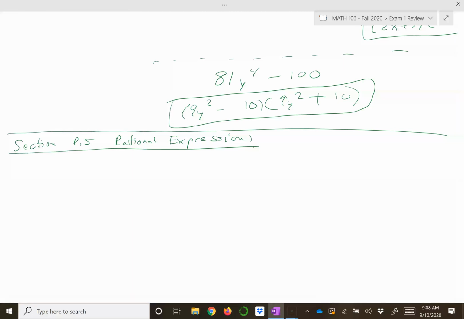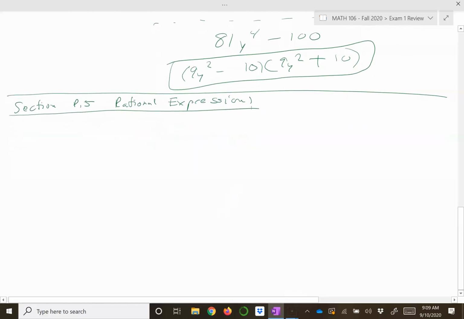was reducing rational expressions to lowest terms. So I am going to attempt to find a good one here. Yeah, here we go. So I'm going to write that here: reducing rational expressions. Okay.